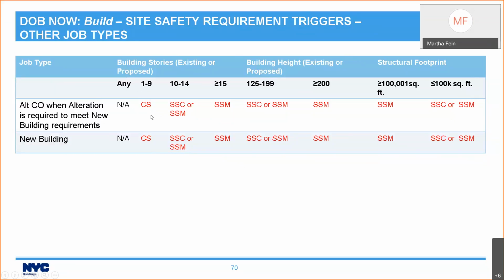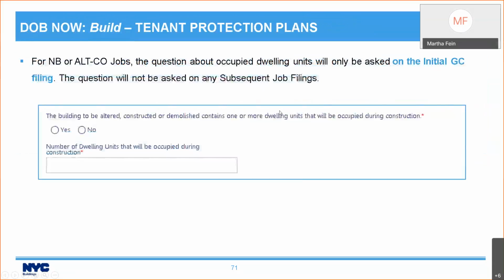And as I mentioned in the previous training, if a construction superintendent is required, you must have a site safety plan on site, but you do not need to submit it to DOB for approval. So you need to have a construction superintendent and a site safety plan, but you don't need to submit it for approval before you can request your work permit.